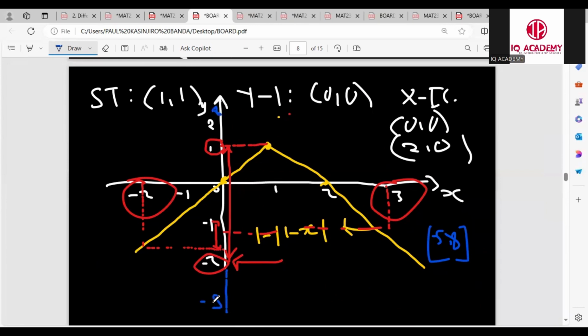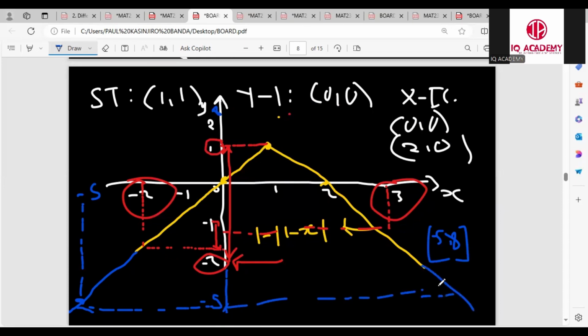So where there's minus 5 here, I'll go in this direction until I meet this curve that is coming like that. So you find that where it's meeting here, it will be on minus 5. And then even this side, I'll go in that direction until I meet this part here. It's just that I've not drawn it as accurately as I can. So if you draw it accurately, you will find that this will be 7, right?